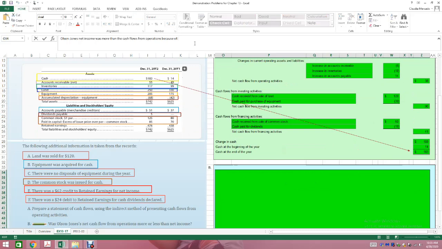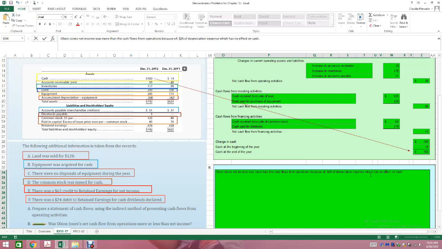So, we had to start off with $26 of depreciation expense, which has no effect on cash. That is why we made that adjustment.